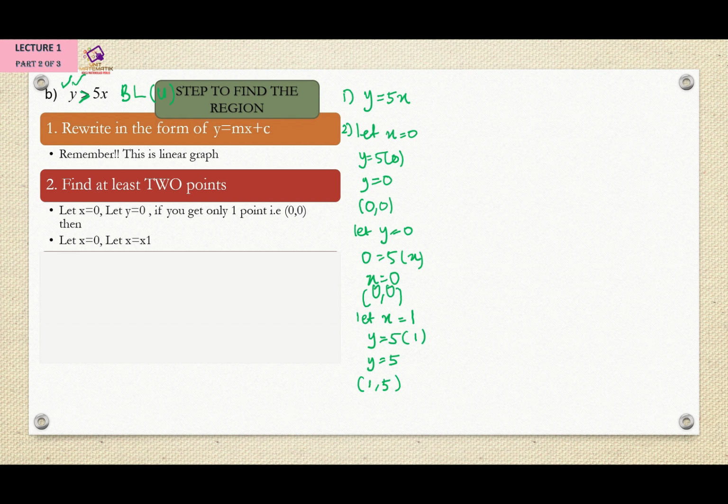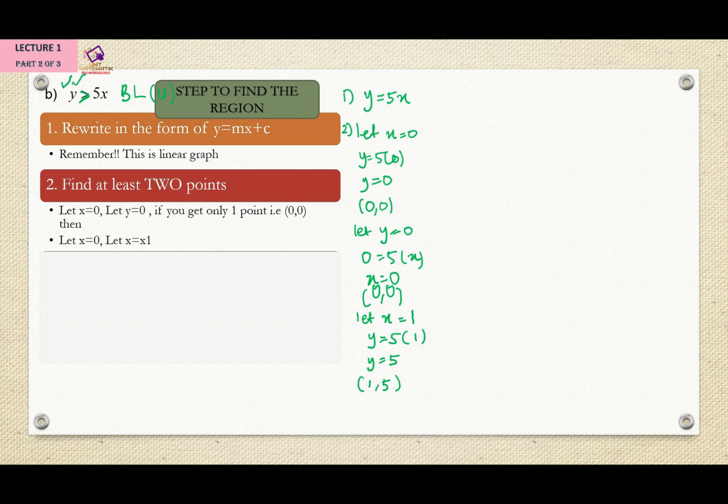Please remember student, when we let x equals to 0, we will get y equals to 0. So here we have 0, 0. And then if we let y equals to 0, again we will have x equals to 0. So here we again get 0, 0. That means 0, 0 is just 1 point. Please remember, you need to find another point.